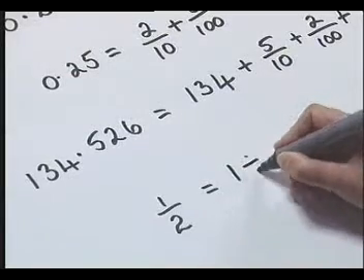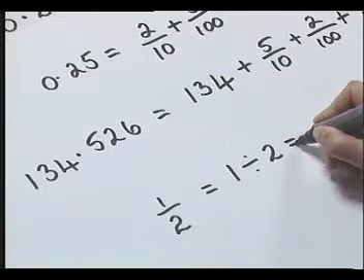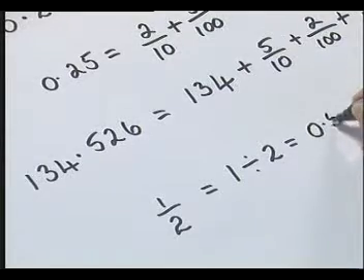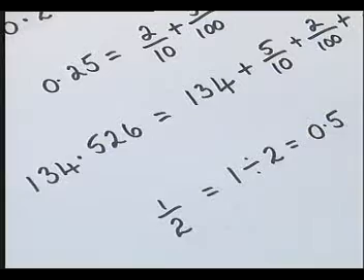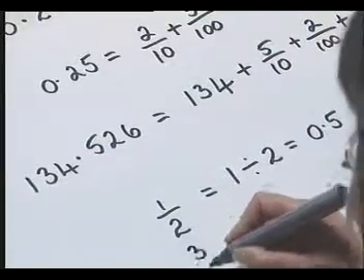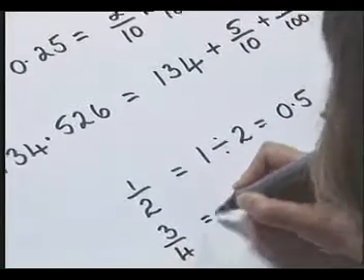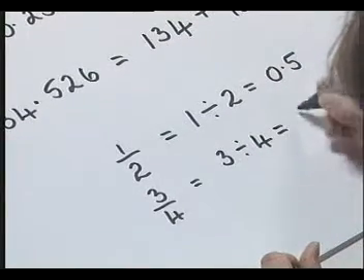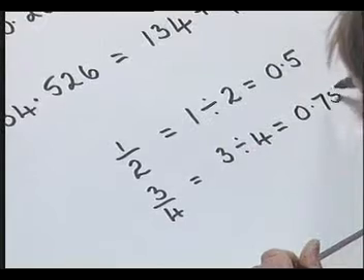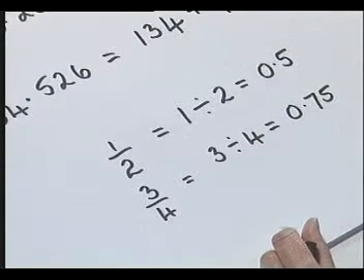So we do 1 divided by 2, and we get 0.5. We just carry out the division. 3/4. 3 divided by 4, and that gives us 0.75.